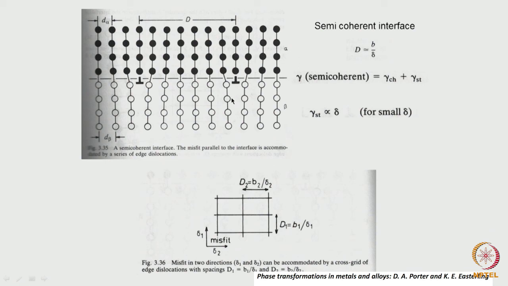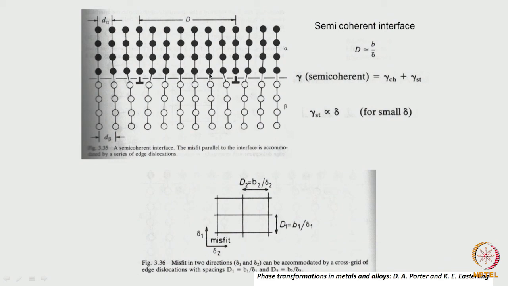If the coherency strain is large, even at small sizes of the second phase particle, it punches out a dislocation like this at the interface. These are called misfit dislocations, and their Burgers vector is essentially on the interface plane.